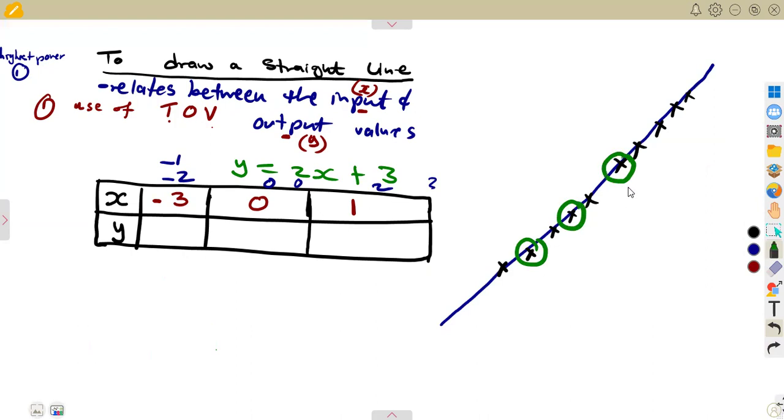Another one picked this point, and this point, and this point. They are different points, but at the end, they are found on the same line. So by joining them, we are going to have the same line.